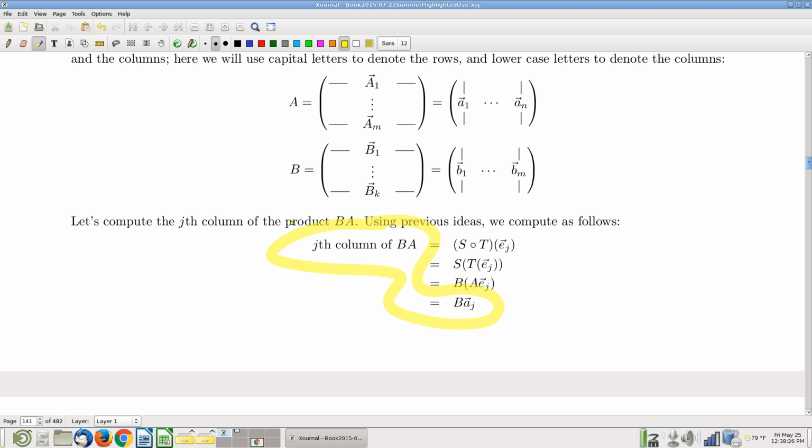The point of view I want to take here is that the columns of this product are linear combinations of the columns of the left matrix. Right? B is the left matrix. Linear combinations of the columns of the left matrix with the coefficients of the vector, the corresponding column of the right matrix, as being your coefficients.